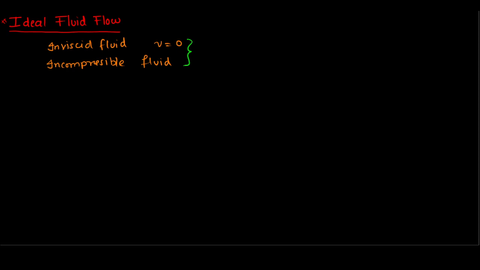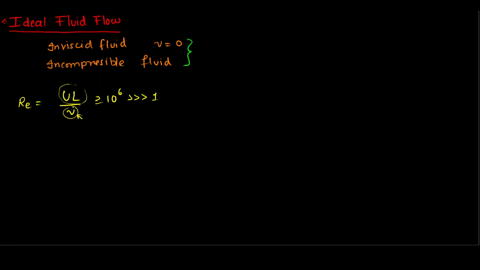Now we have assumed the viscosity to be nearly 0. What are the consequences of that? From our last class we know that the Reynolds number is given as UL by nu, where nu is the viscosity. For practical use case scenarios, this quantity, velocity times length, is very high compared to the viscosity, and therefore the Reynolds number is greater than or equal to 10 to the power 6, which is of course much greater than 1.